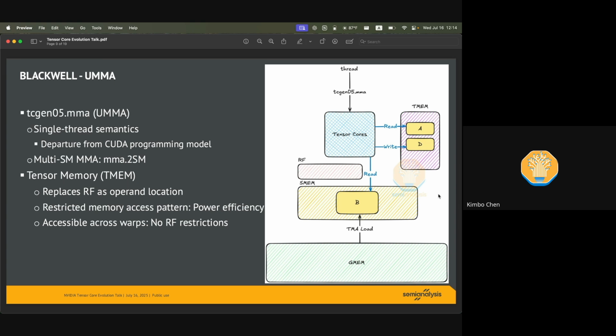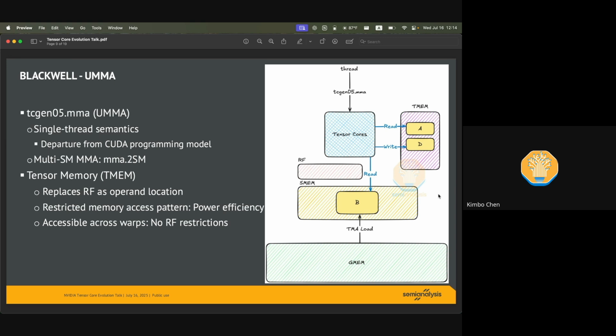And one of its features is that it has a restricted memory access pattern. Specifically, in order to access the whole TMEM, you need 4 warps to do so. And every warp can only access a specific region of it.